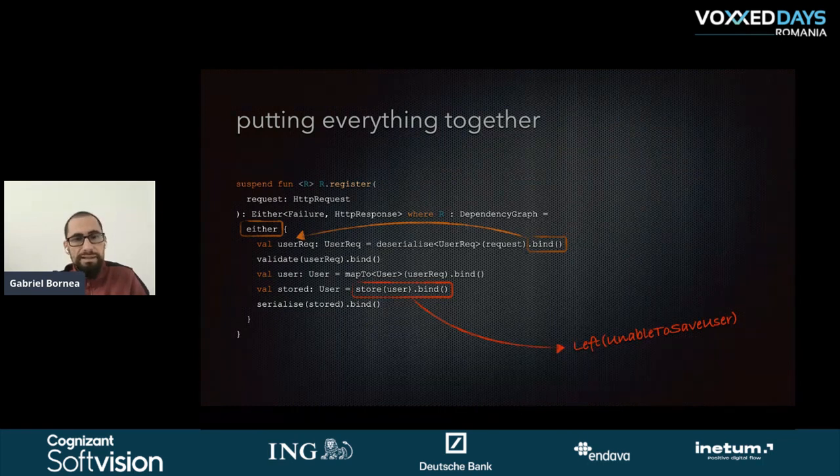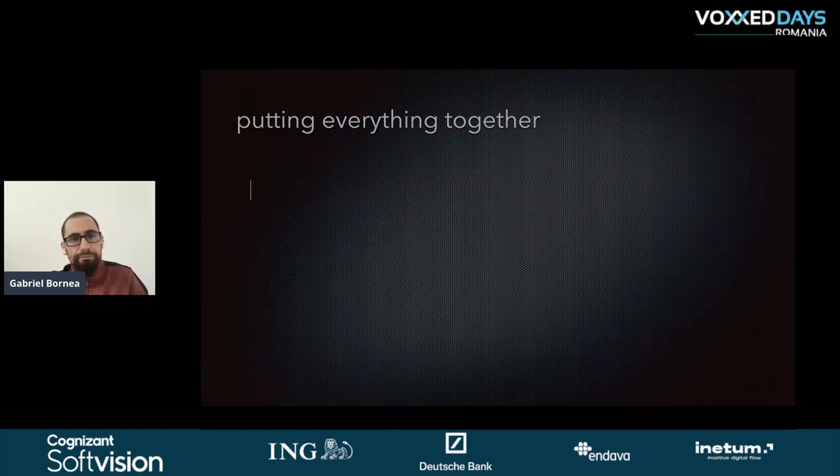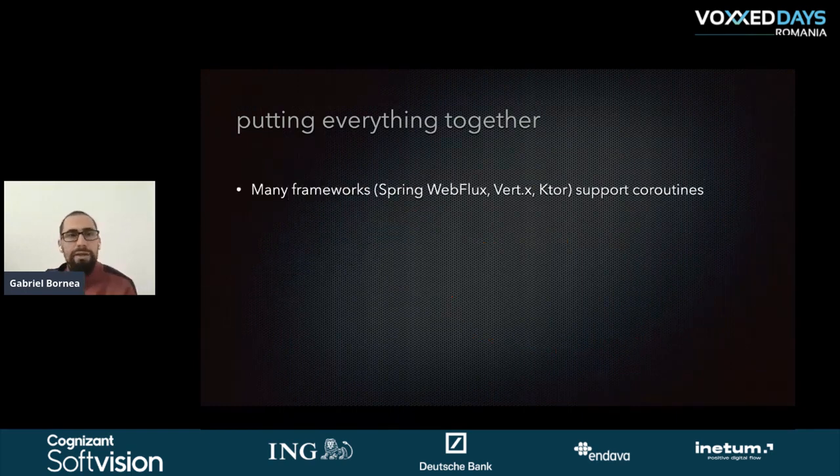This is going to be the last line of code that will be executed. And the result of the function would be an Either with the left side. And on the left side, we will have something like maybe "unable to save user". Okay, so we've put everything together. We've seen how we can achieve all of these things.